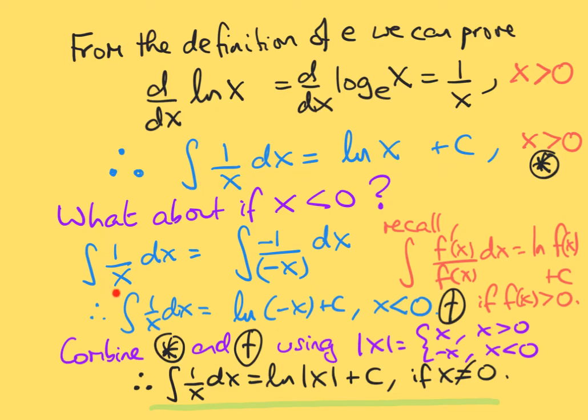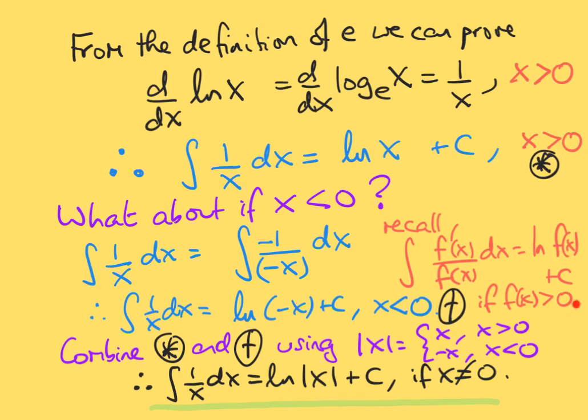So if we're integrating 1 over x and we know that x is negative, what we can do is multiply top and bottom by a minus sign. So we have minus 1 over minus x. And if x is negative, minus x is positive. Now, there is a generalization of this formula, which I'm assuming you know, which is that the integral of the derivative of a function divided by a function with respect to x is the logarithm of that function.